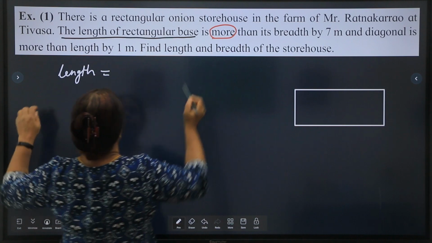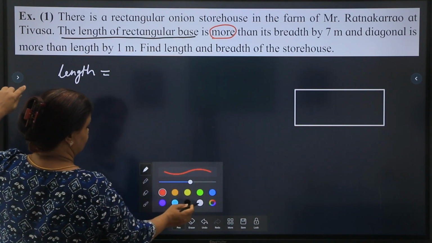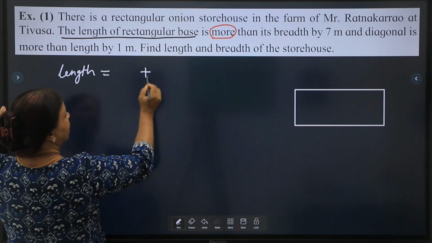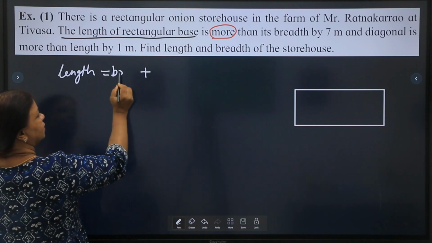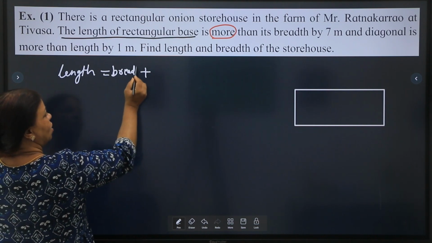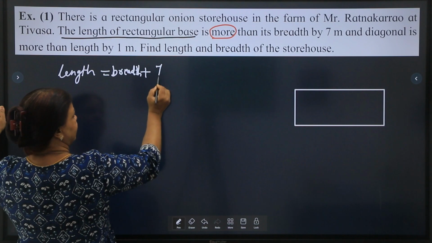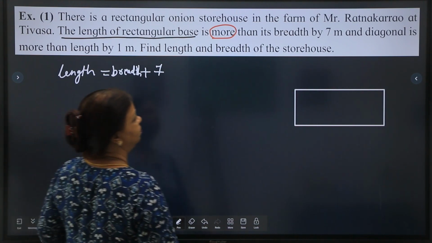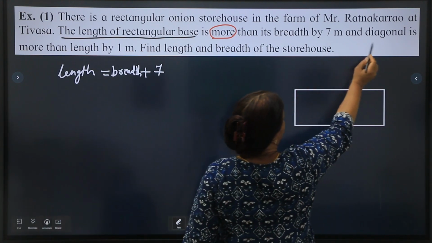More means what? Plus. More than what? Its breadth, by how much? By 7 meters.